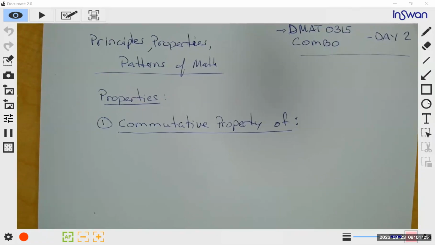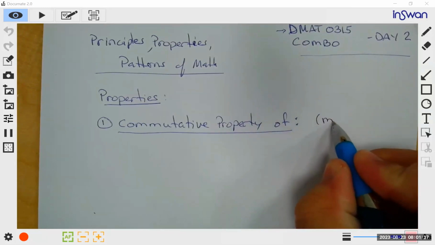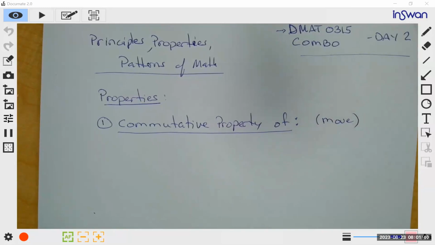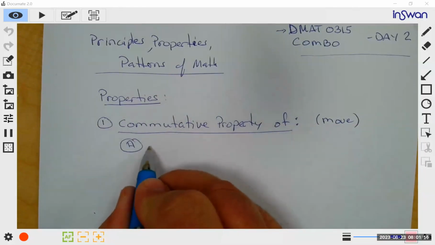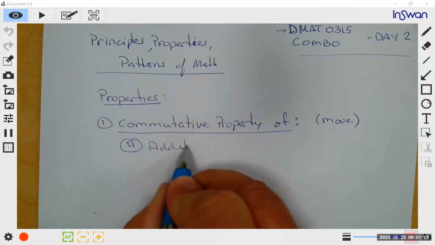What does to commute mean? It means to move. Whenever you drive, move from one place to another, you're commuting. Mathematics has the same rules of how we move things in an equation. The first commutative property is of addition.